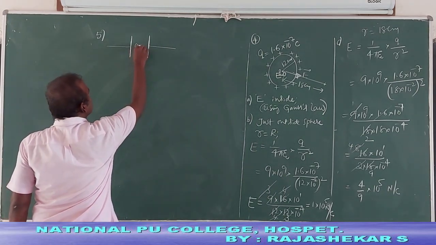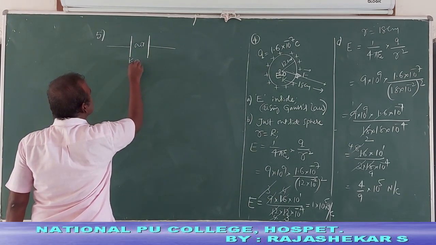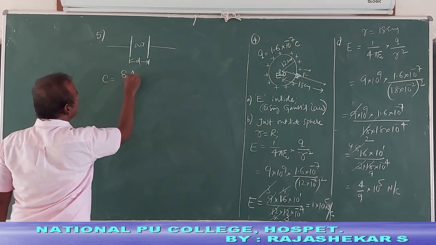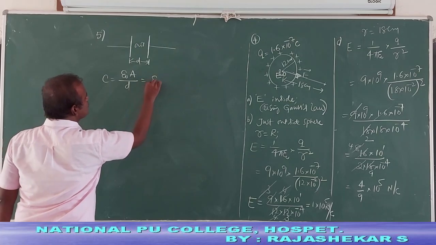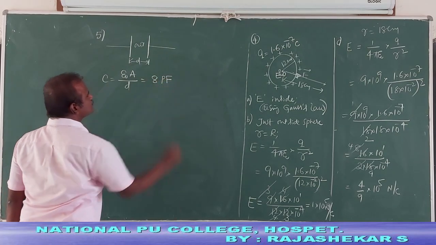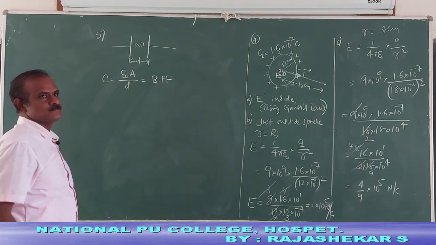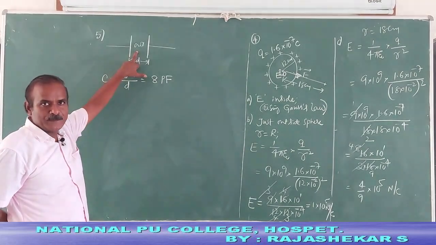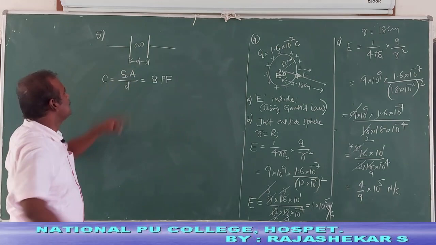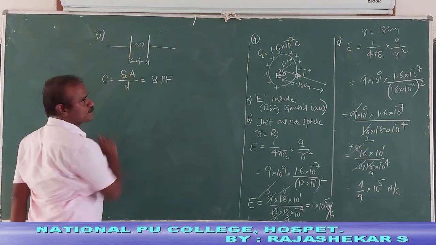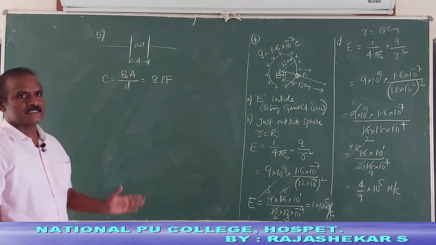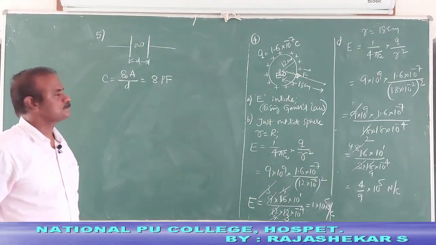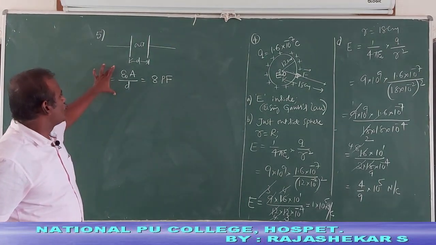This is air initially, this is distance d. We know the formula C is equal to epsilon naught A by d is the capacitance. This is given to be 8 picofarad, when air is filled between the plates at distance d. Of course, A is the area of each plate. The plates may be plane sheets or circular plates. Okay, so this is given.